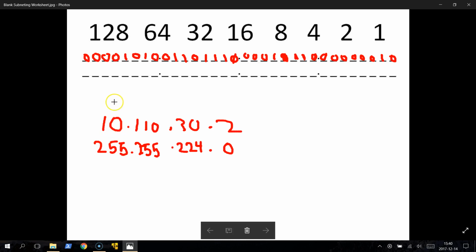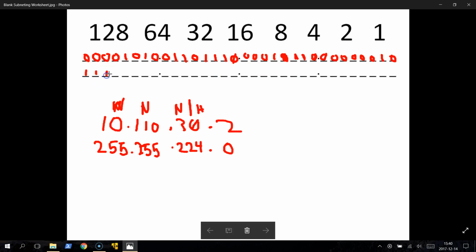255 means that's part of the network. Part of this is part of the network, and part of it is with the host. It's going to look weird, the fact that these decimal numbers seem almost randomly assigned as to what's part of the network and the host. But when we get to the binary world, it makes perfect sense.